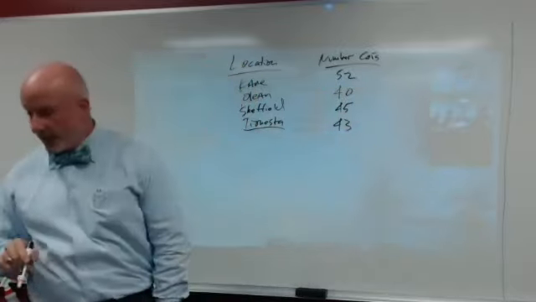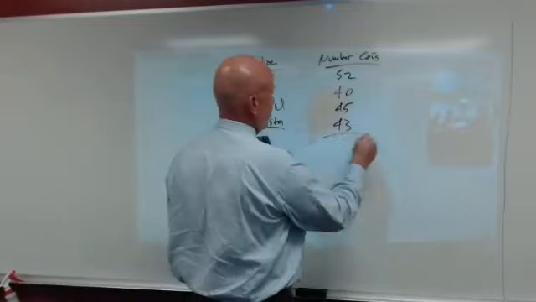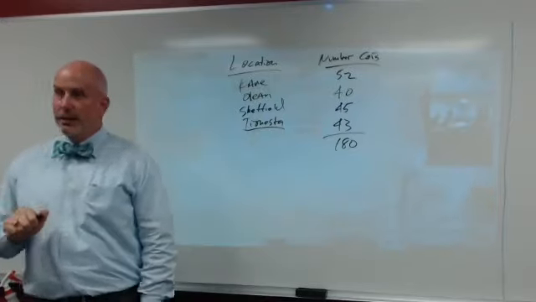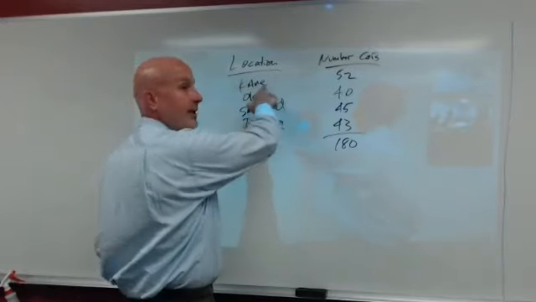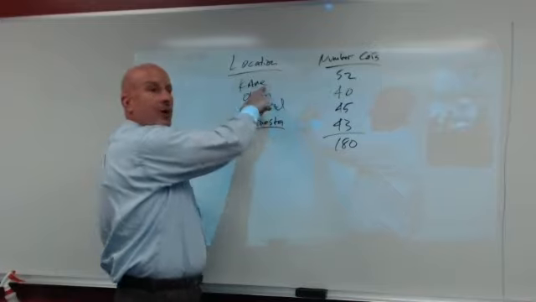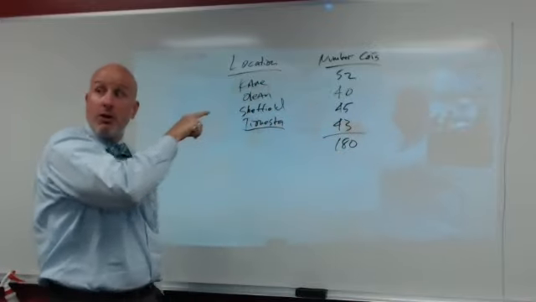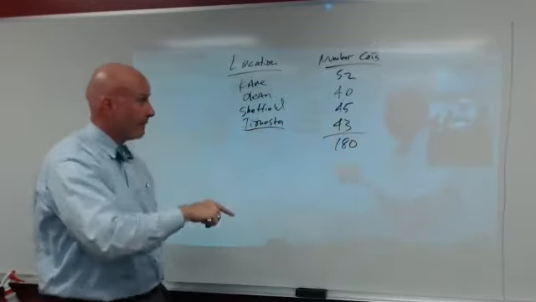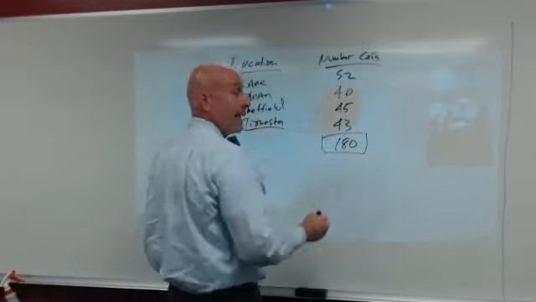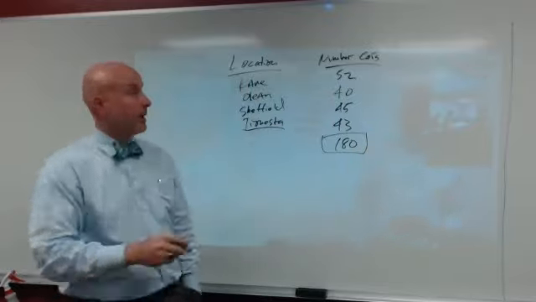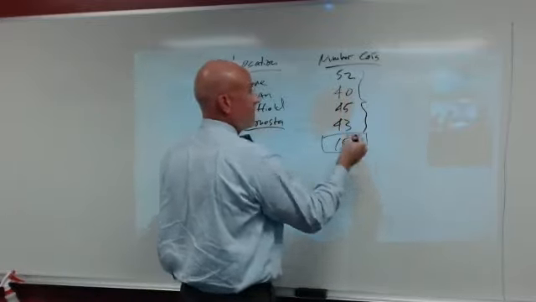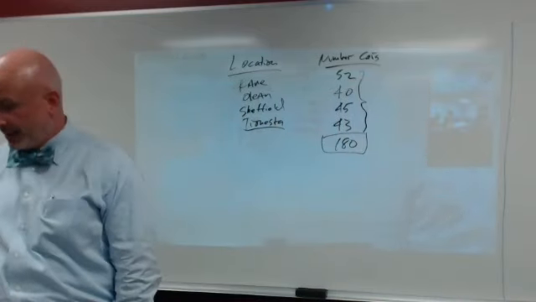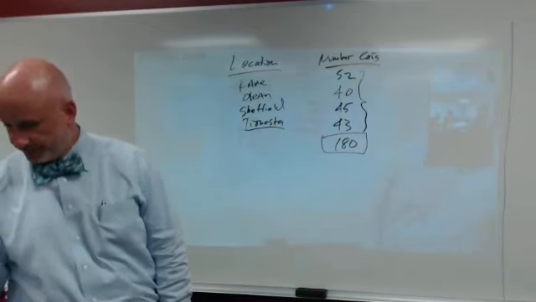Now you are known right here that the total number of cars sold was 180. Now, if a car was sold in Kane, would that same car have been sold in Olean? No. That's the part that's mutually exclusive. A total of 180 cars were sold, and that 180 is represented up here. That becomes the collectively exhaustive portion.